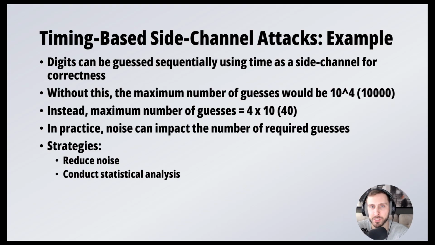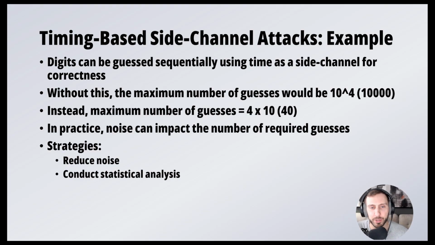Of course, one of the big ones, especially when we're dealing with network communication, is noise, jitter, everything that could cause there to be a difference in how long it takes us to receive a response that isn't related to the underlying completion or computation of the algorithm in question that is vulnerable to the specific type of timing leak.